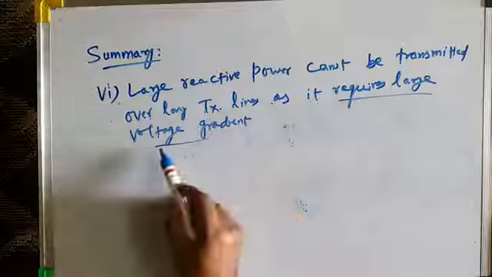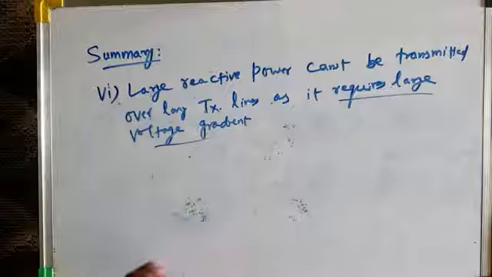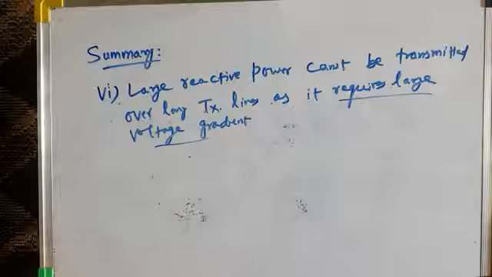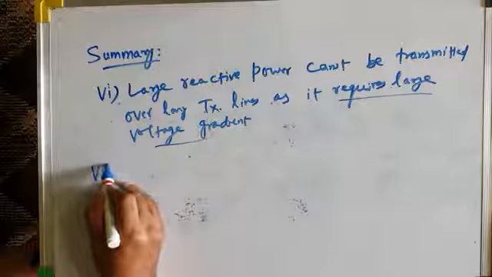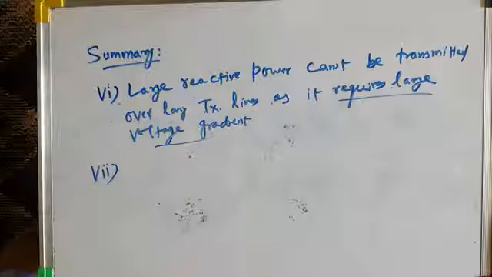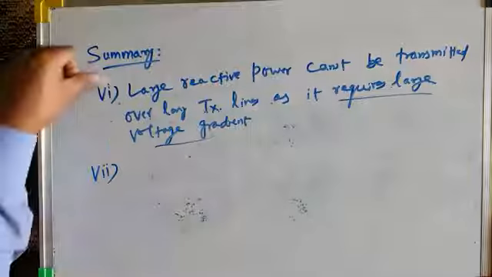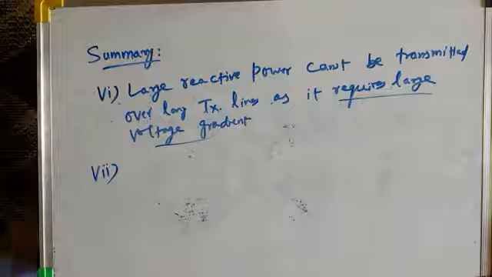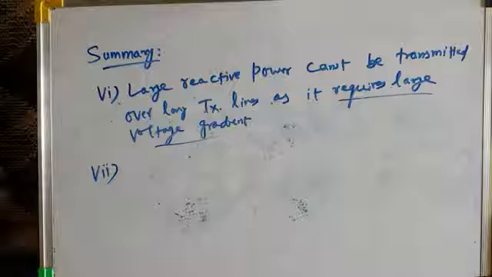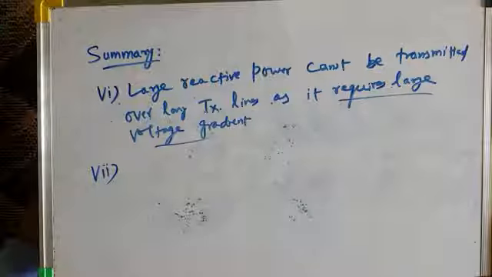It requires large voltage gradient. There will be a very high reactive voltage drop over the line. In that case we generally use compensators, series or shunt reactive power compensators, like TCSC, TSSC, SSSC, STATCOM, or SVC. We will study that in future lectures.